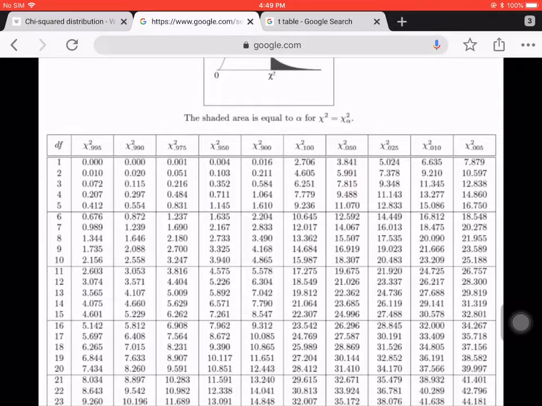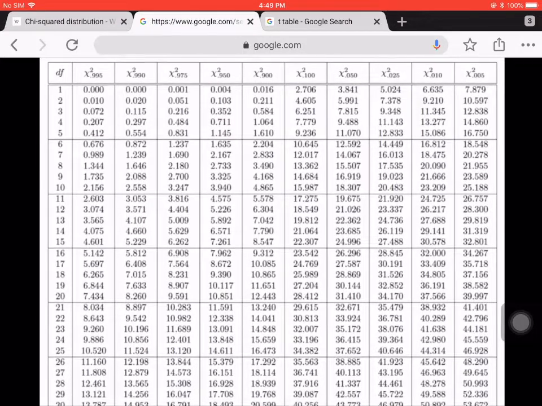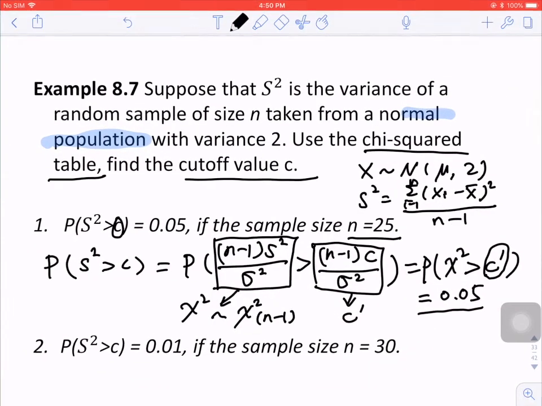You find the intersection between the degrees of freedom 24 and the area equal to 0.05, which is 36.415. So you remember this number.